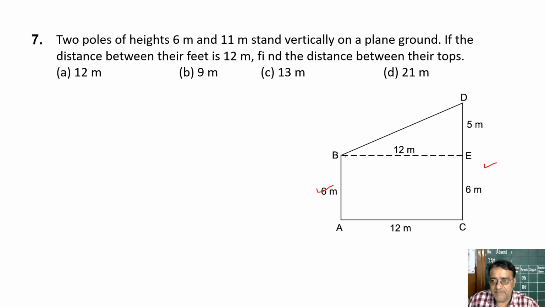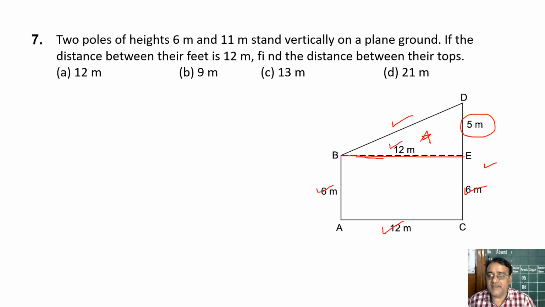Total 11 meter है. यहाँ से हम लोग एक perpendicular line draw करेंगे, parallel line draw करेंगे, right? So ये दोनों 6 हो जाएगा, and this will become 5. 11 minus 6, 5. And these two are same, equal. So this is 12 meter, and we need to find BD. So उसके लिए हम लोग ये वाला triangle use करेंगे, triangle BDE.